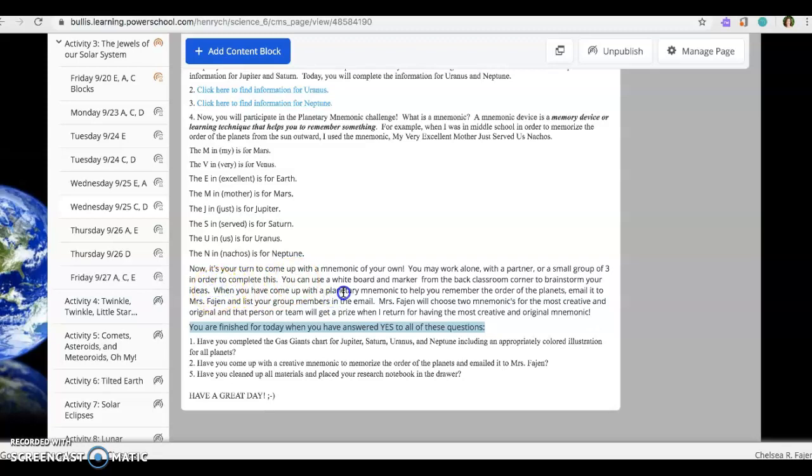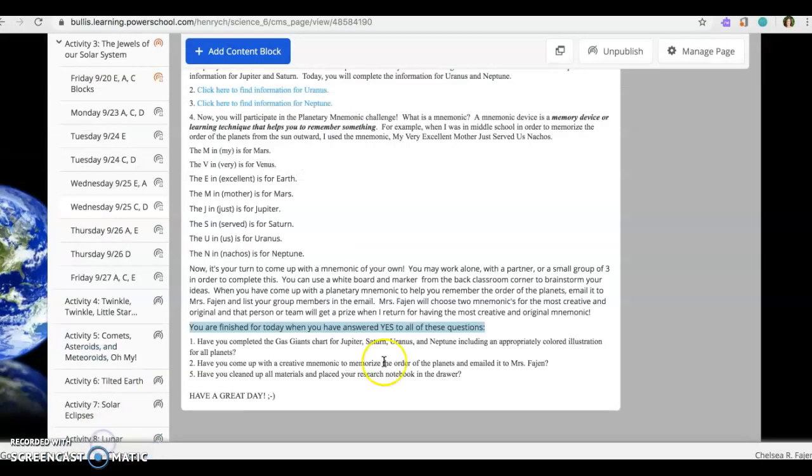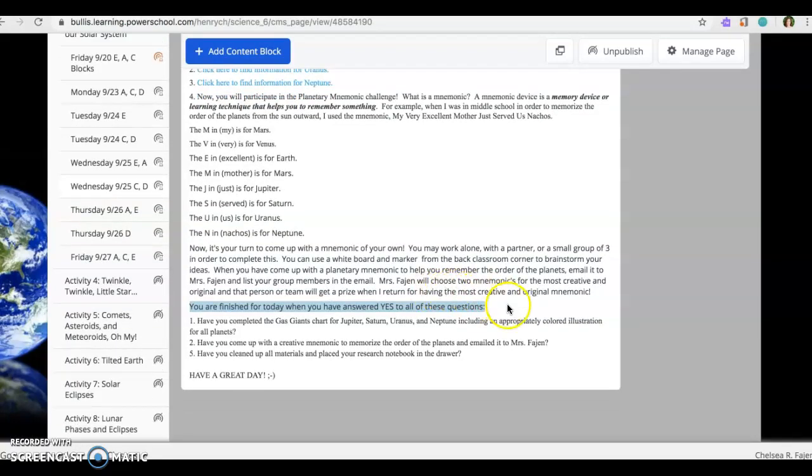When you have come up with your planetary mnemonic, I want you to actually email it to me. One person can send the email if you're working in a team. List your group members, because I'm going to be choosing 2 mnemonics that I thought are the most creative and original.